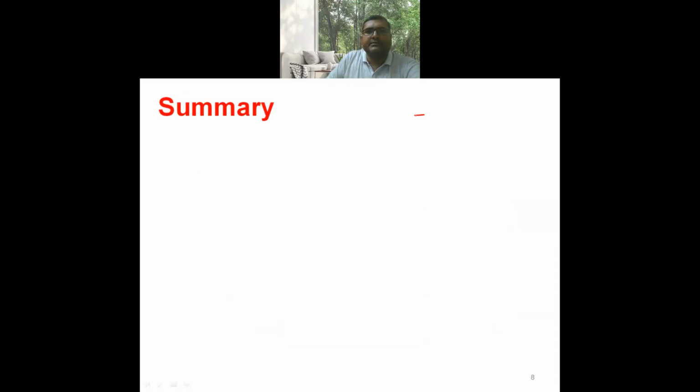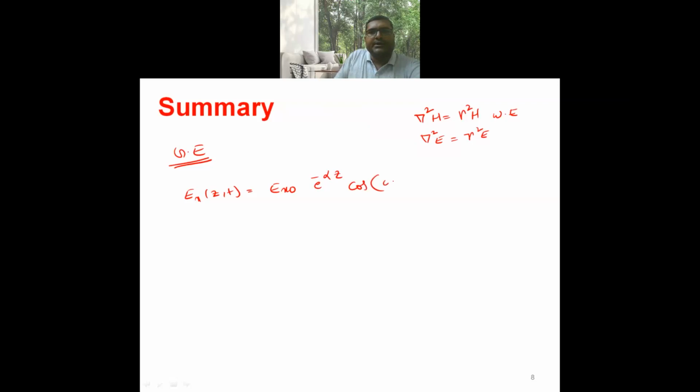Summary: del square H is equal to gamma square H. Del square E is equal to gamma square E. These are the wave equations, and the general solution of wave equations are Ex of z comma t is equal to Ex naught e power minus alpha z cos omega t minus beta z plus pi x, Ey of z comma t equals Ey naught and so on.